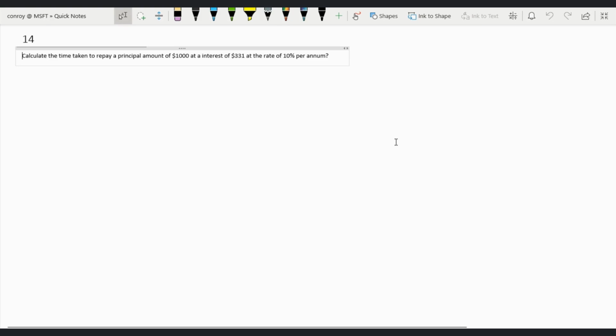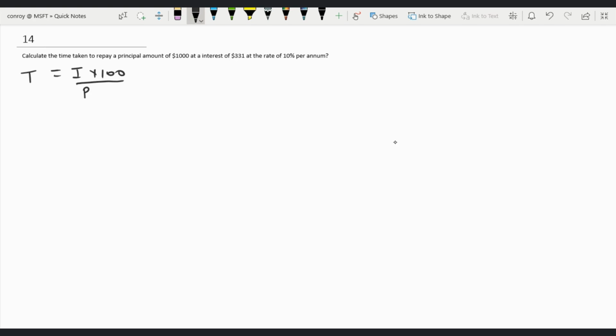All right. Our next question says calculate the time taken to repay a principal amount of $1,000 at an interest of 331 at a rate of 10% per annum. So we are trying to calculate the time. The time is equal to, so the idea is that when we're transposing a formula to find either our PRT, it will be I times 100.